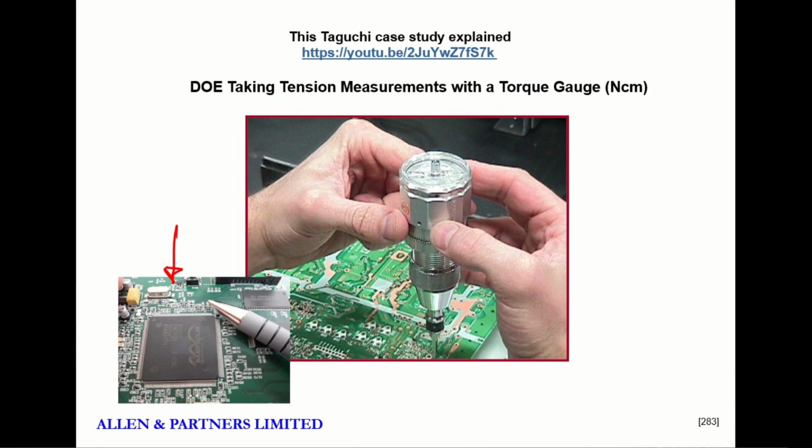Now, the surface mount technique requires us to place the parts, and these little black dots here are components. So it requires us to place the component on the board, but to glue them in place, and then to wash solder through the board afterwards. So the process we are looking at is glue strength. Because if the glue doesn't hold the part on the board, the part falls off.